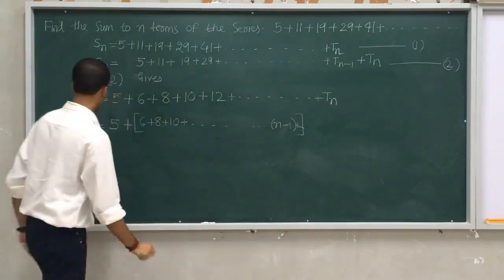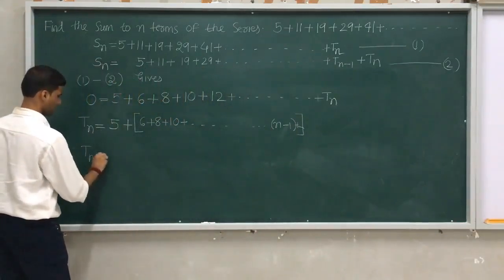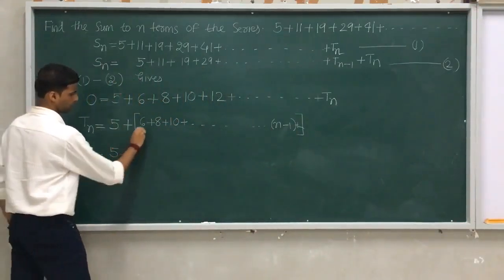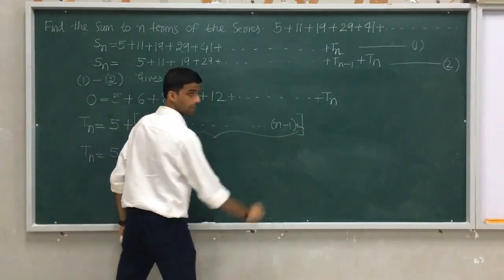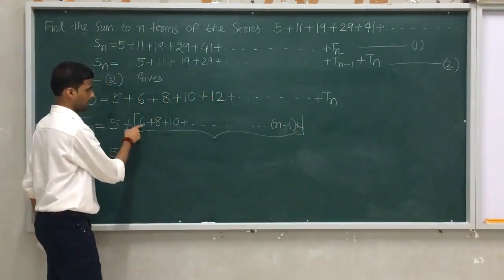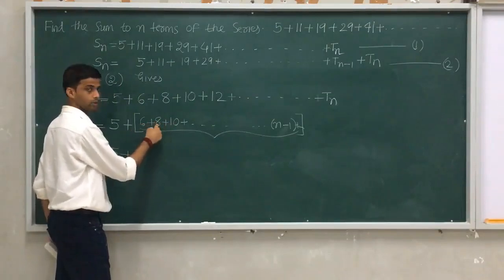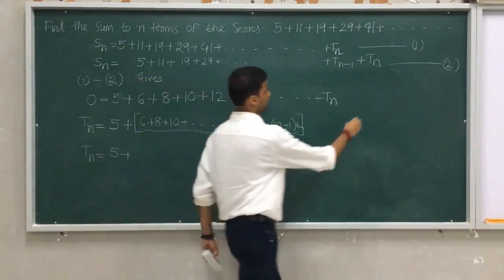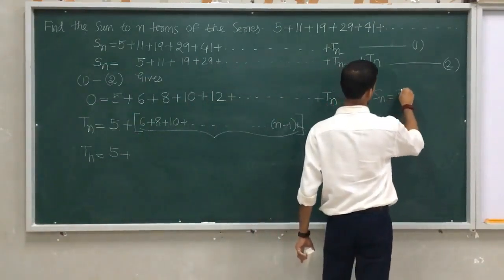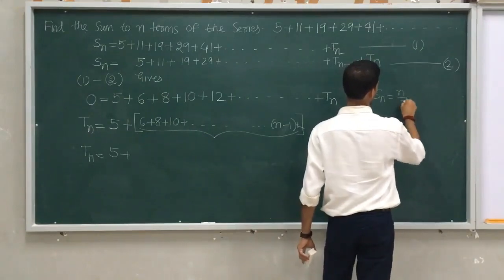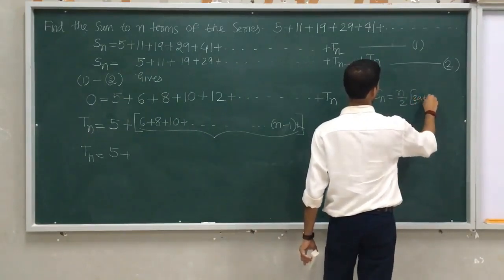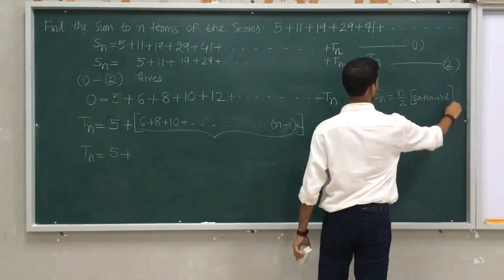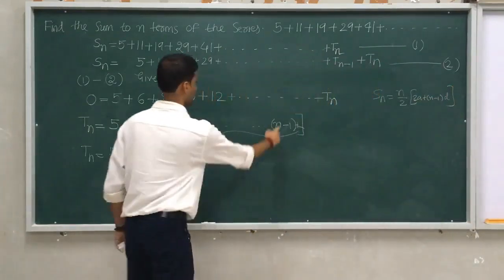Now Tn is equal to 5 plus, we know the sum to n terms of any sequence. Now I guess it's an AP: 6, 8, 10, with common difference 2. So the sum to n terms, what is the formula? Sn equals n by 2 into 2a plus n minus 1 into d. But in place of n we have n minus 1.